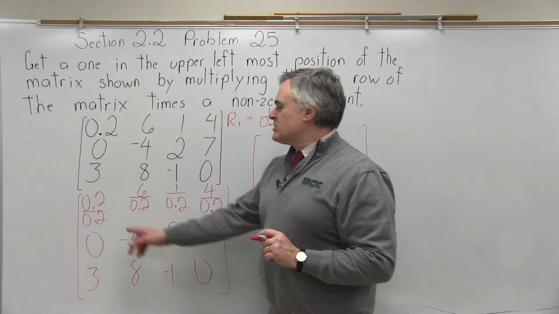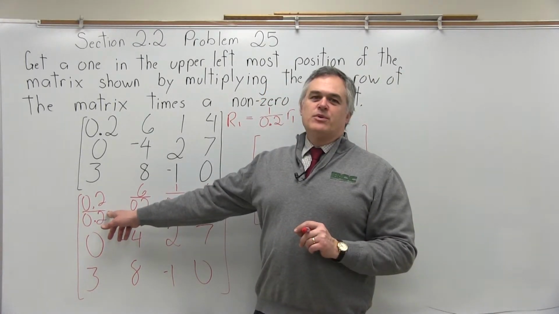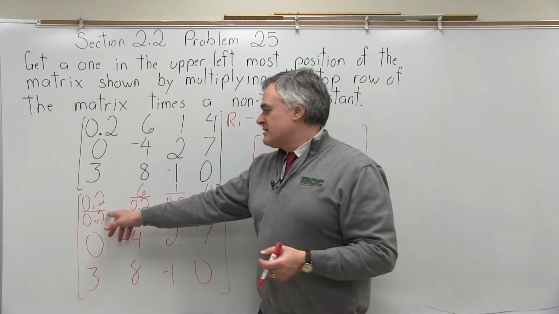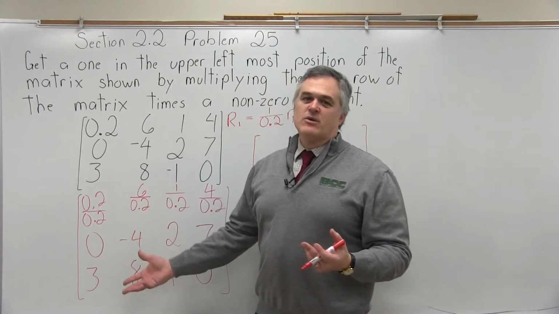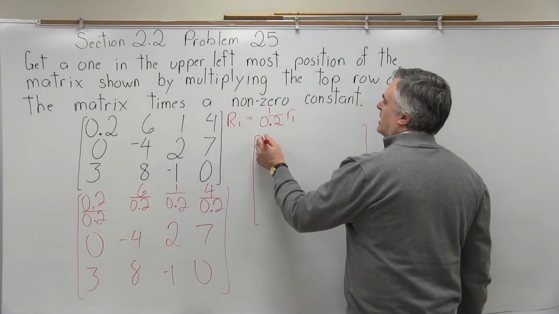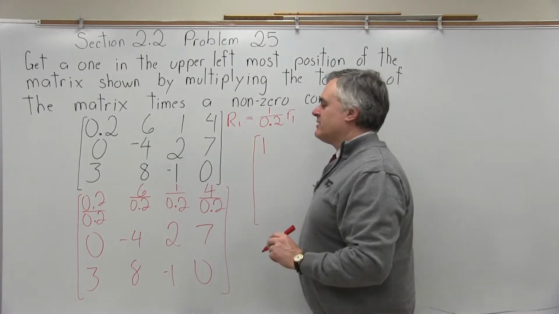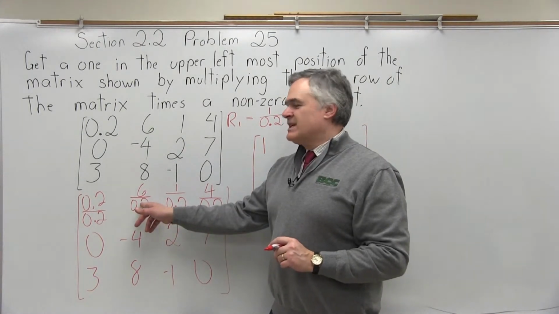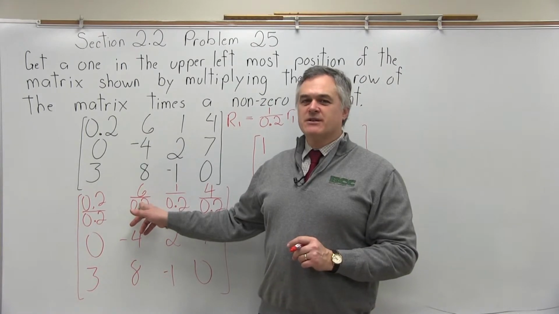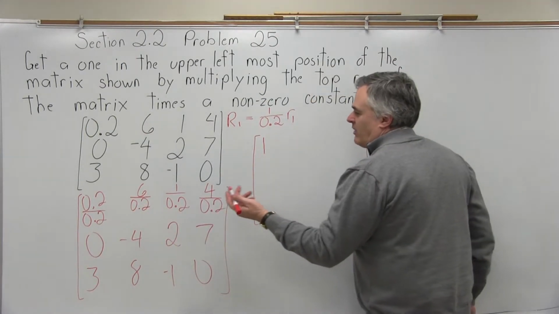Now, in the upper leftmost corner, 0.2 over 0.2, it's clear that should reduce to 1. You have the same value over itself, so that's 1. That one I can do with no calculator. 6 over 0.2, surprisingly that reduces. So how would you reduce it?